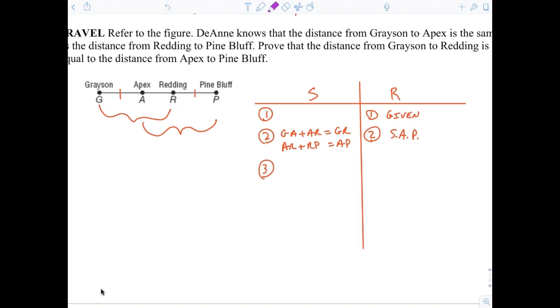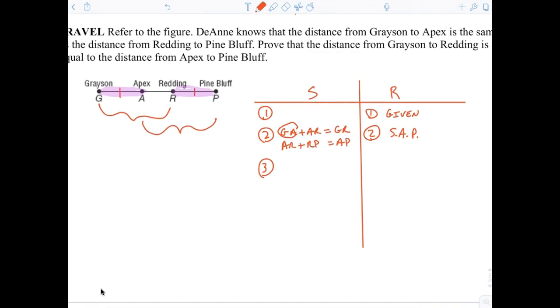Look, we have to use that information. GA is equal to RP. So that means wherever I see a GA, I can put what? RP. That's what I was looking for. So if that GA becomes RP, right?